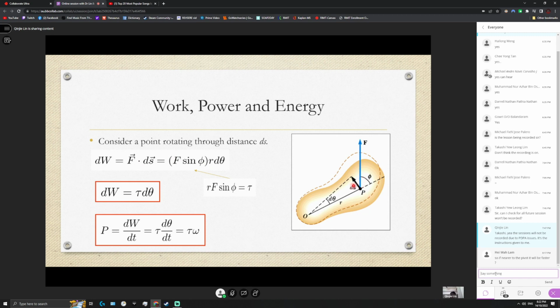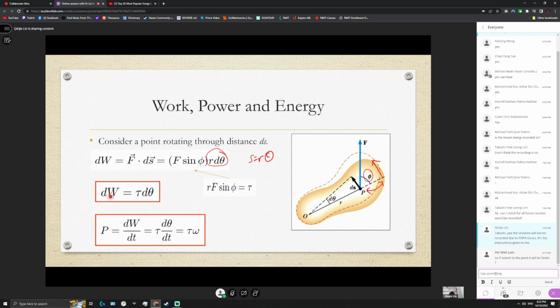Theta is here, so F sine theta is in this direction. That's the one you want to know. And ds will change to r theta because s equals r theta, that's why we change into that form.